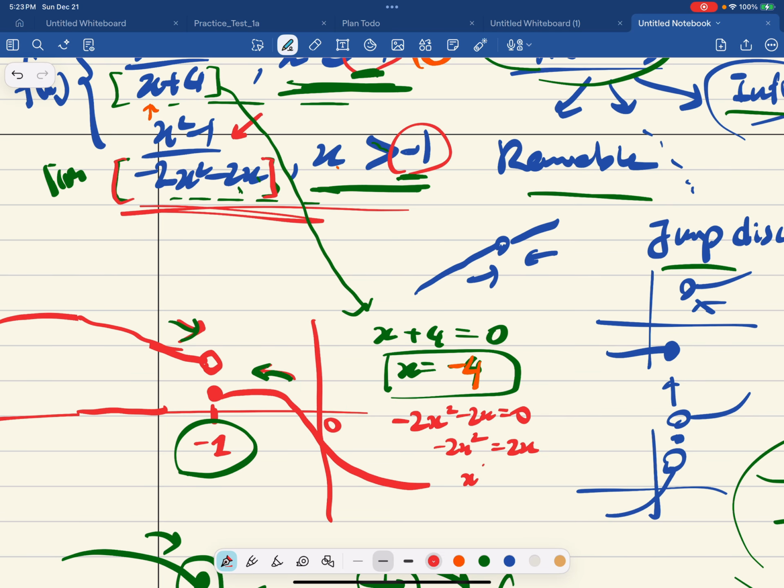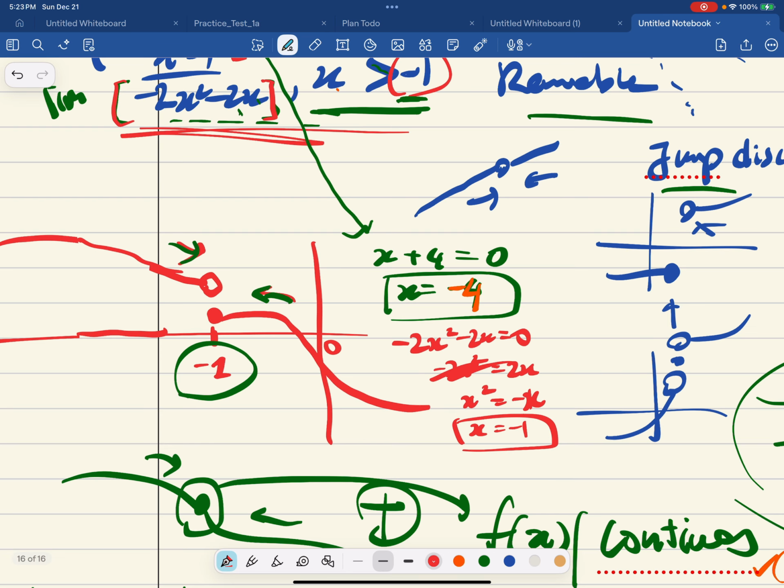Simplify. x squared equals -1, minus x. And so x equals -1. So you have to look for when x is equal to -1. Actually, is this also minus and positive 1? Where's my plus function? Yeah, so in this case you should actually factor it out.